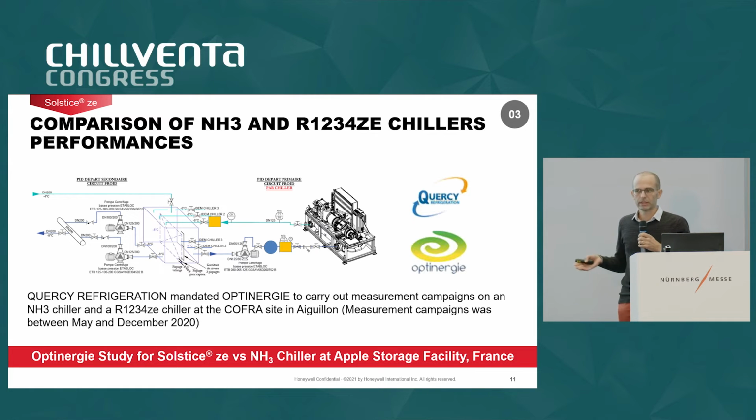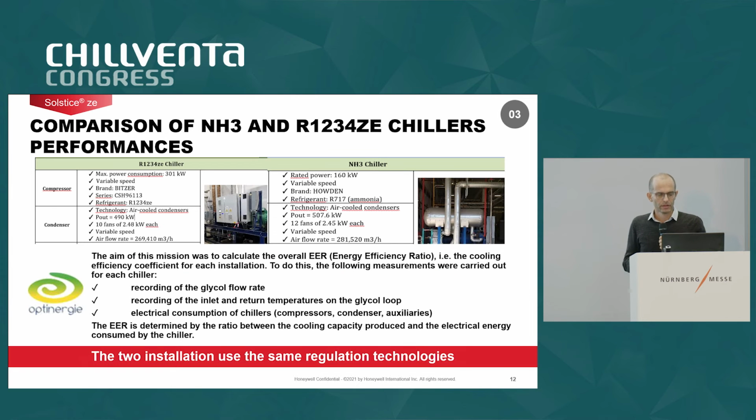Kersey Refrigeration mandated an external company, Opti Energy, to make this campaign of measurement on these two chillers. We are talking about two chillers, one using ZE and one using ammonia. You can see the properties for each chiller here.